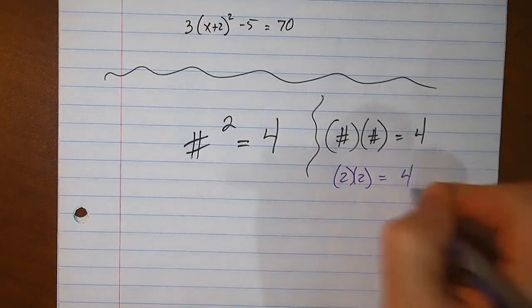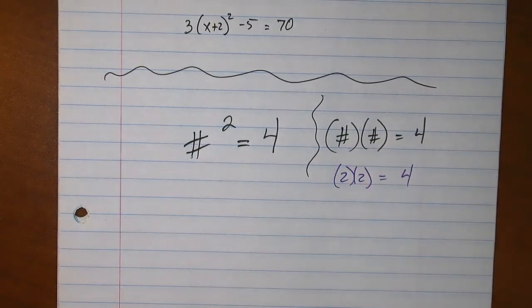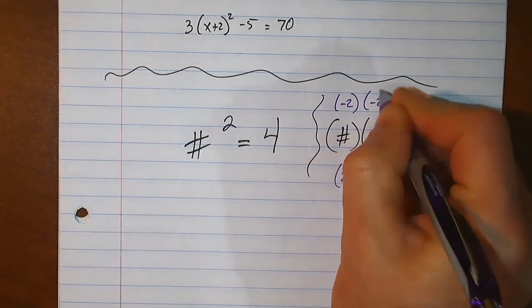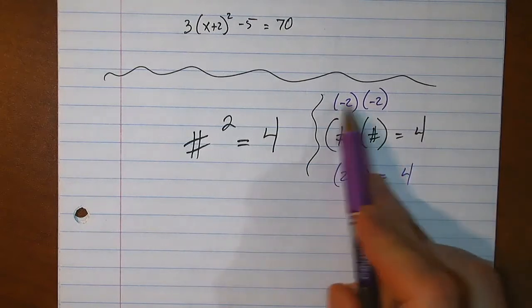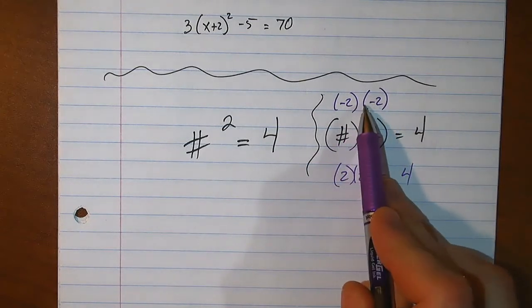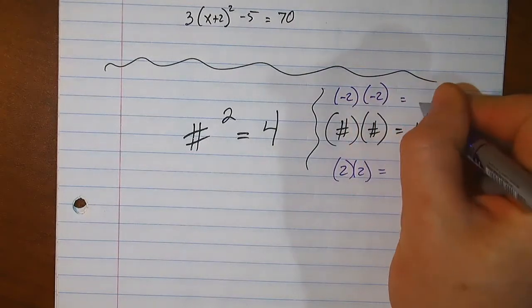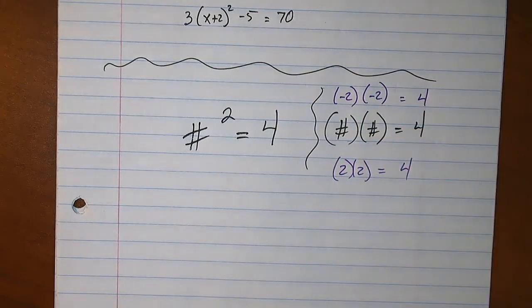So maybe the number that I'm thinking of is 2. But here's the issue, and here's the problem that comes into play. What if I do -2 times -2? Well, a negative times a negative becomes a positive, and then 2 times 2 is 4. So -2 times -2 is also positive 4.